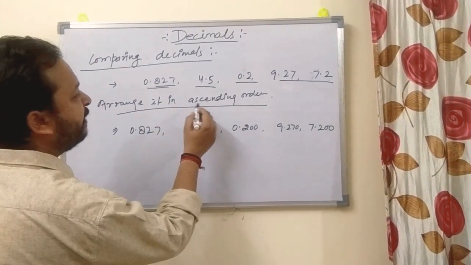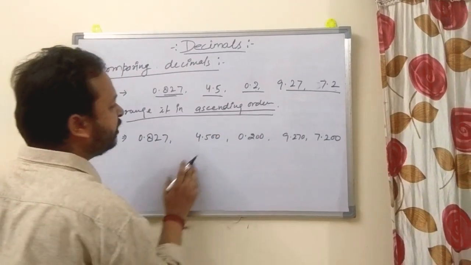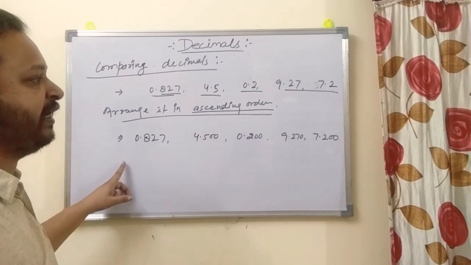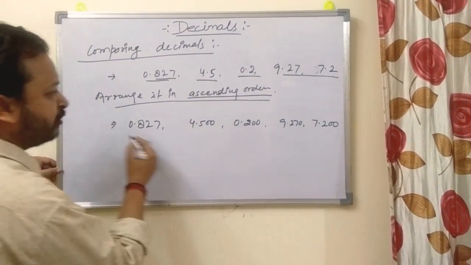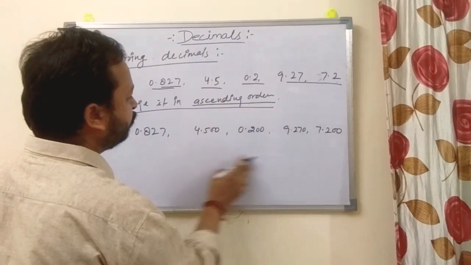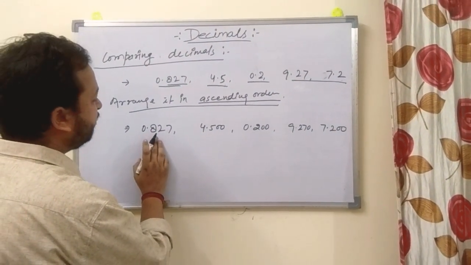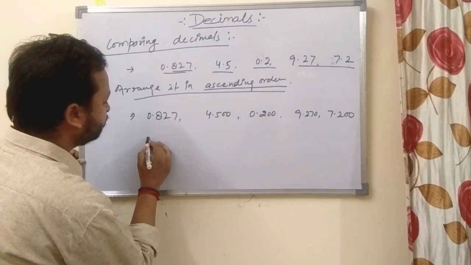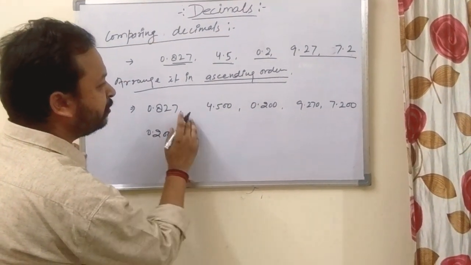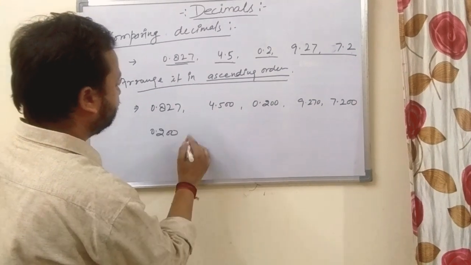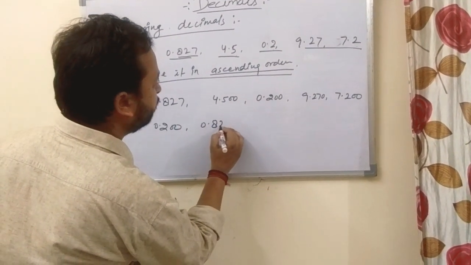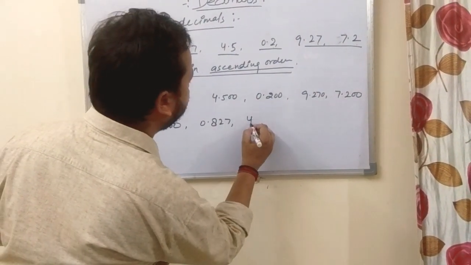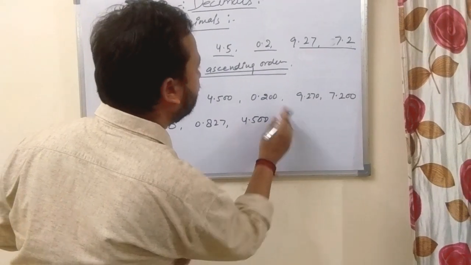Then we have to arrange them in ascending order, means the least number should be written first. So in this we have to compare the decimal part first. This is least, so 0.200. After that 0.827. After that 4.500.